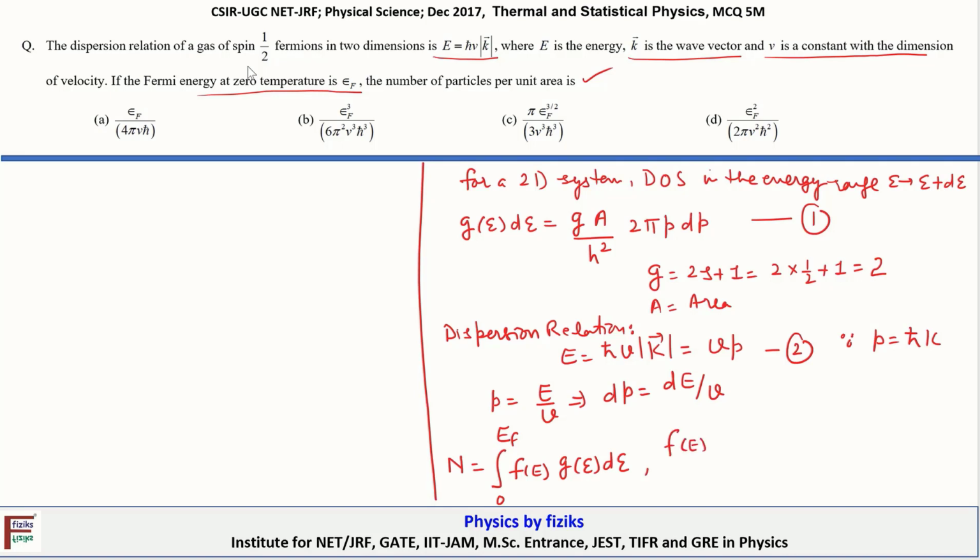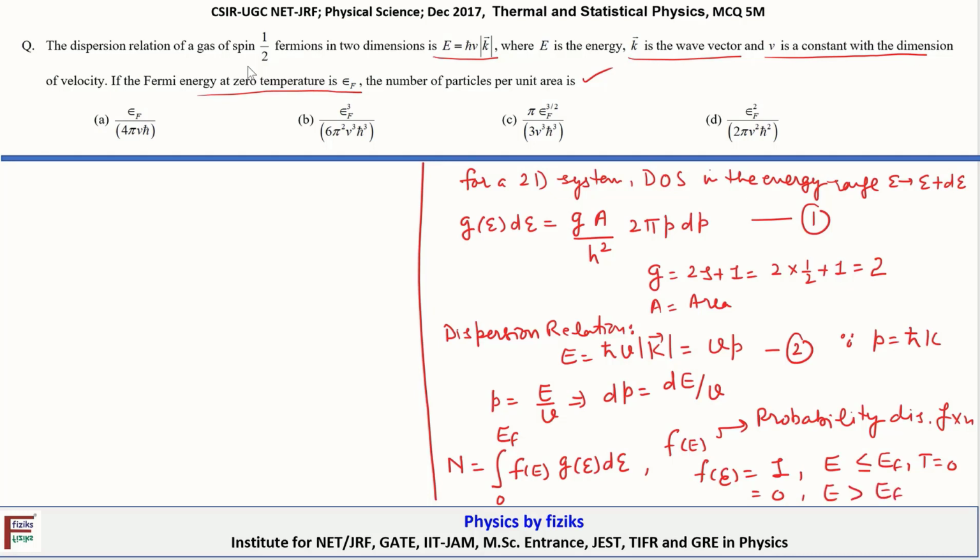Here f(E) is the probability distribution function, and this is equal to 1 for all energy less than or equal to EF at T equal to 0, and equal to 0 for E greater than EF.